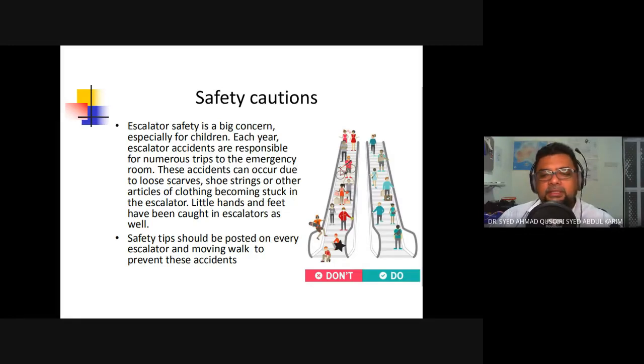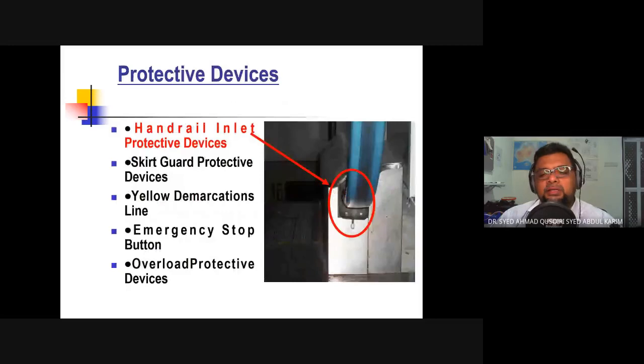Safety tips. These are some of the protective devices. Handrail inlet protective devices: this is to eject the user's hand if they somehow got stuck at the moving handrail.